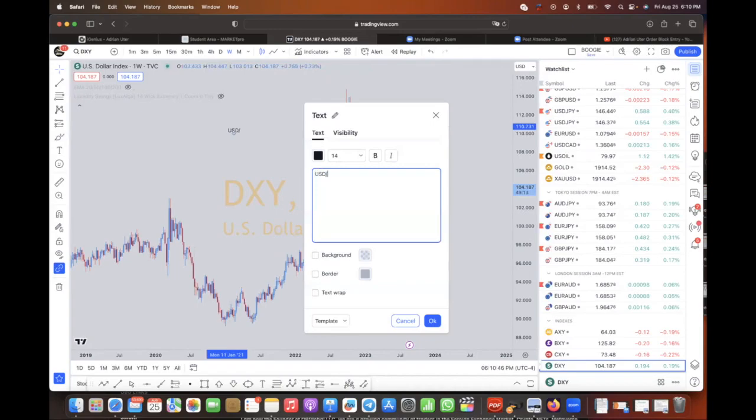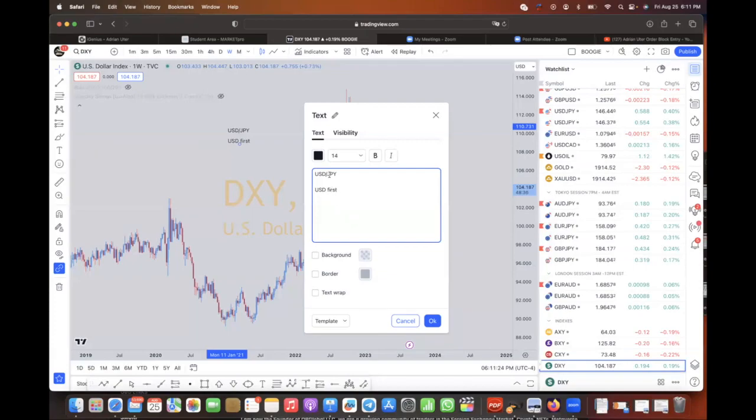USD JPY. What currency is first? Tell me in the chat. USD, there we go. USD first. So if the US dollar is going up and USD is the first currency, this pair will often go up, 99% of the time.